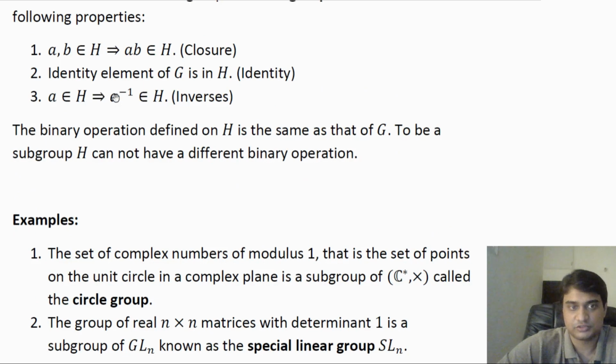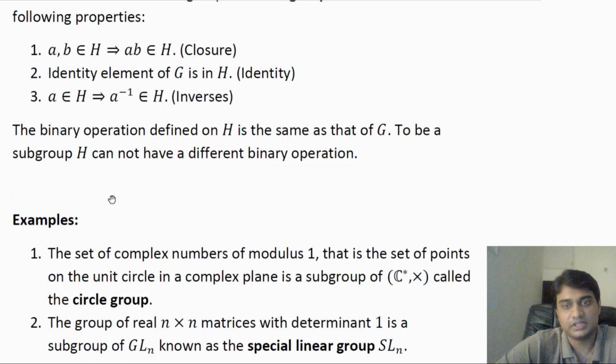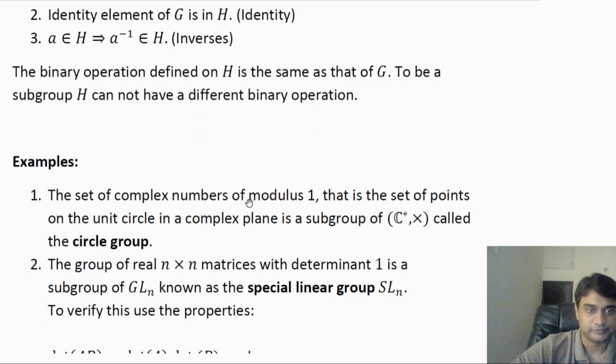Yes, it has modulus 1, so it is in this set. And also the inverse of each of the complex numbers: if you have a complex number of the form e to the i theta, then the complex number e to the i (2 pi minus theta) is the inverse, and you can check it yourself by multiplying it with the number.